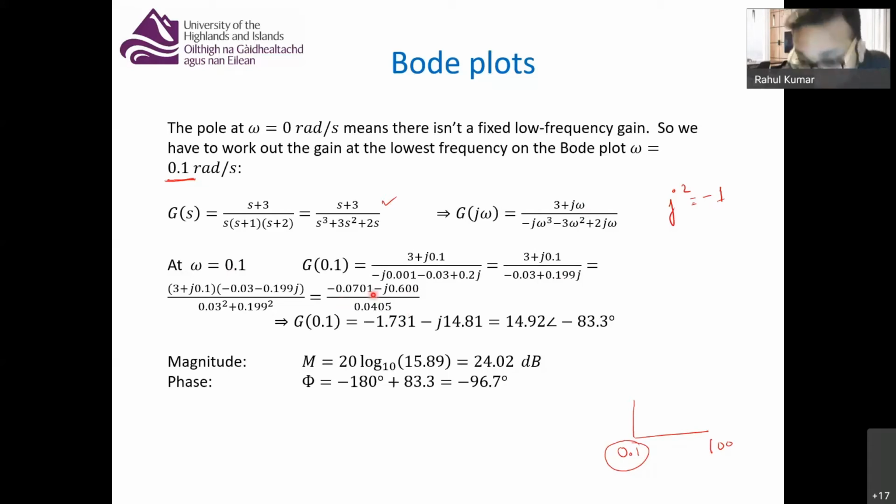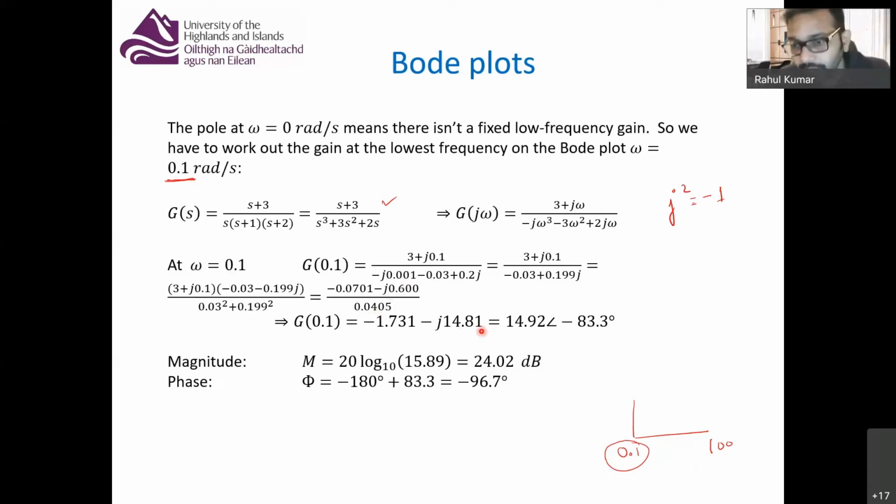If you replace all the omegas and do a little bit of solving, you'll end up getting minus 0.0701 minus j times 0.6, this whole divided by 0.04. If we separate out the real part and the imaginary part, we get approximately minus 1.73 minus j times 14.81.